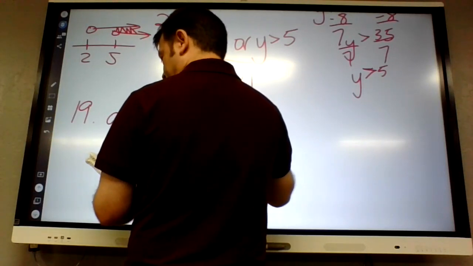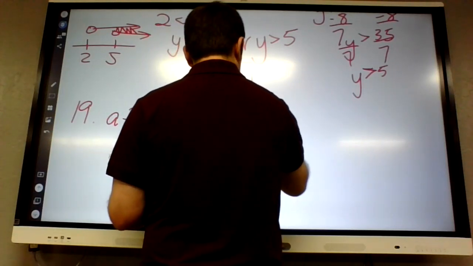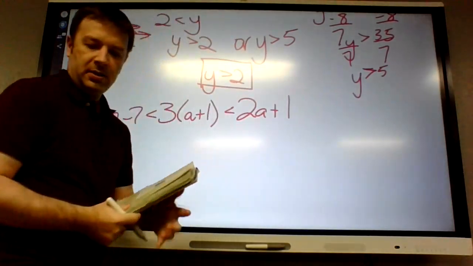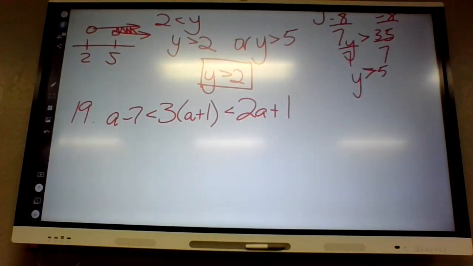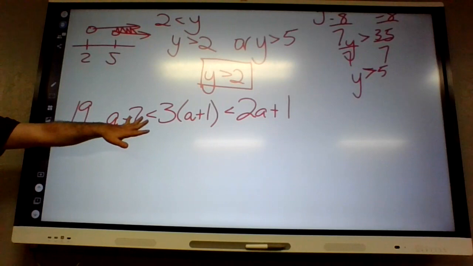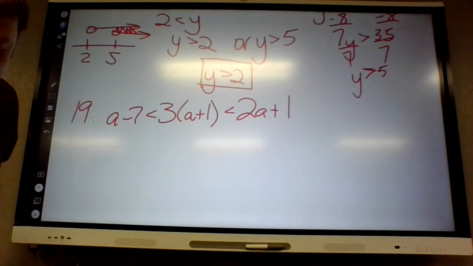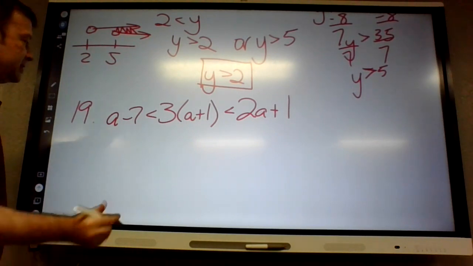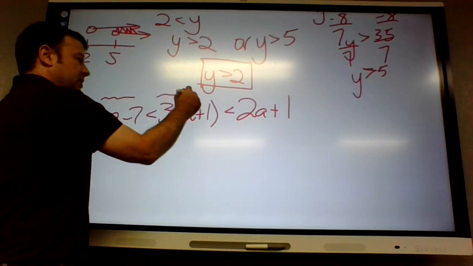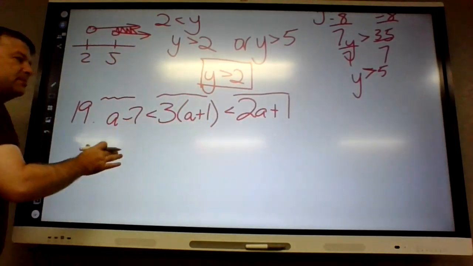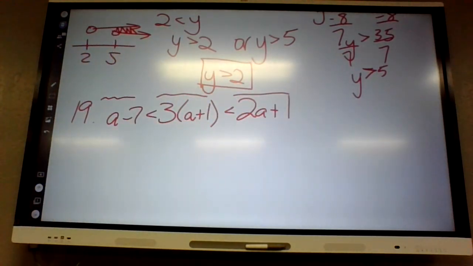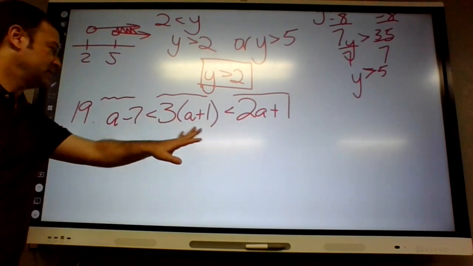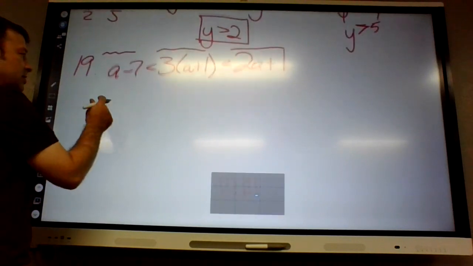What's different about this one? I forgot about this one. Okay, this one's a little bit of a doozy because it's kind of like number 9. It's got like 3 things hooked together like that. But we can't get A by itself in the middle because we have A's out here, and it's just not gonna work.